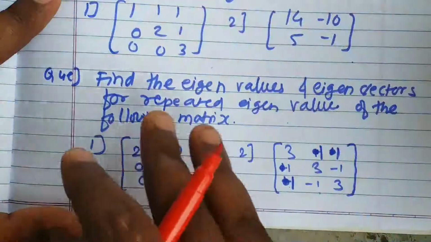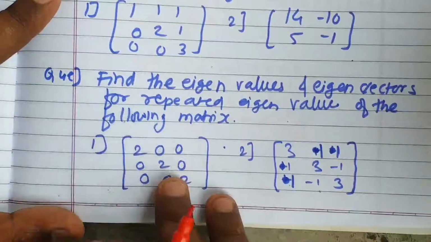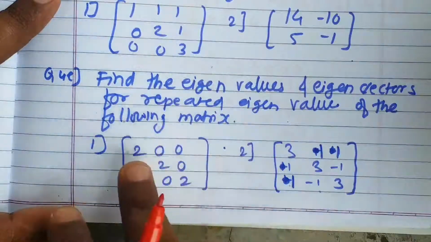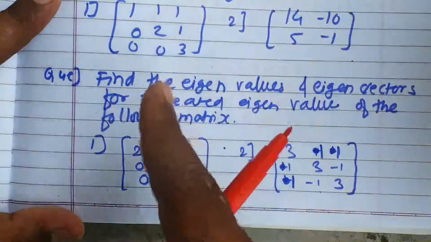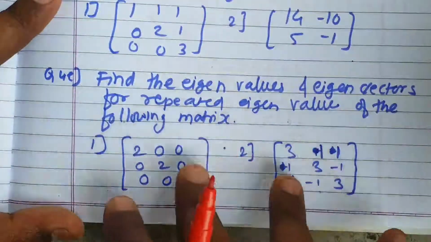That depends upon the rank of the matrix. We are going to discuss that in the solution of this problem. Whenever the eigenvalue is repeated, that may give you 1 eigenvector or more than 1 eigenvector.